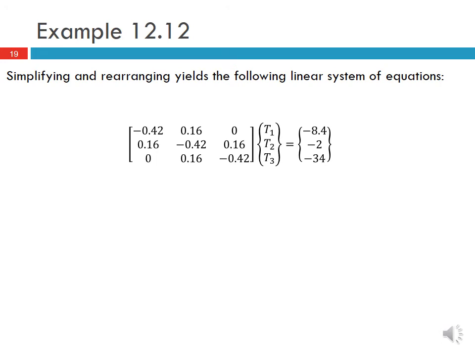Then we can simplify and rearrange these equations into a linear system of equations, which we can write in matrix form shown here, to solve for our unknown values, which are the temperatures at the points 1, 2, and 3. So solving this, we find that T1, T2, and T3 are given by these values shown here.